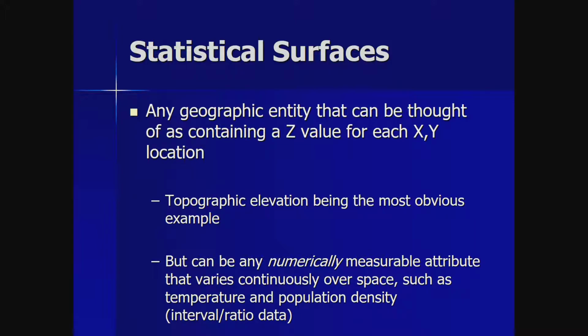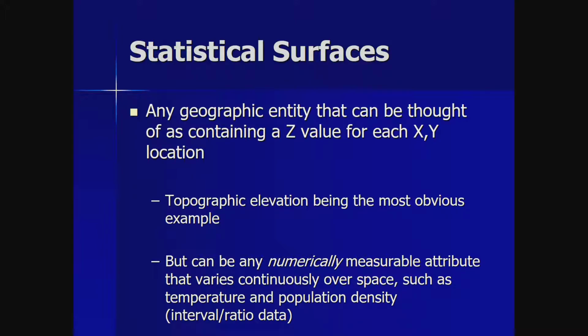It really is a statistical operation where we don't know the values everywhere. Our goal is to create a value at any given location based on knowing the z value, the attribute value, at a number of xy locations.